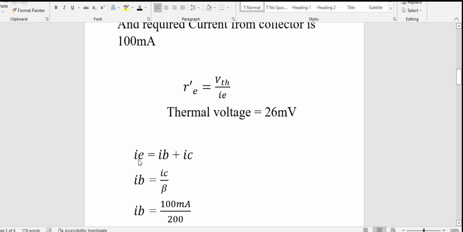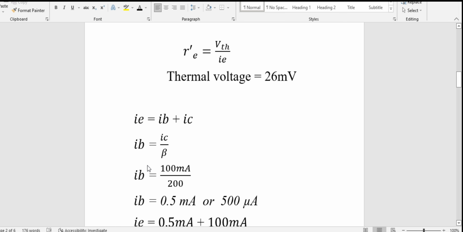How? We know that IE is equal to IB plus IC: emitter current is equal to base current plus collector current, and the collector current is assumed to be 100 milliampere. The base current can be found through the relation IB equal to IC divided by beta.